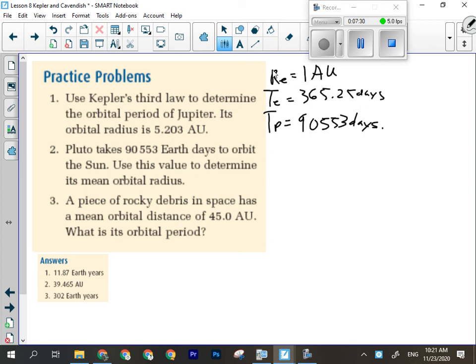All right, so I need to set this up and solve for the orbital radius of Pluto. So I'm going to go period of Earth squared over orbital radius of Earth cubed equals period of Pluto squared over radius of Pluto's orbit cubed. I'm trying to get the radius of Pluto's orbit by itself. So I'm going to bring it over here, and then bring everything else over to the other side because I can't solve for it when it's on the bottom.